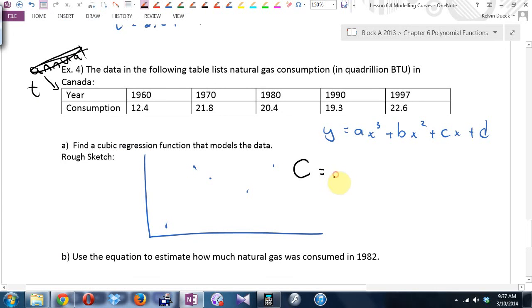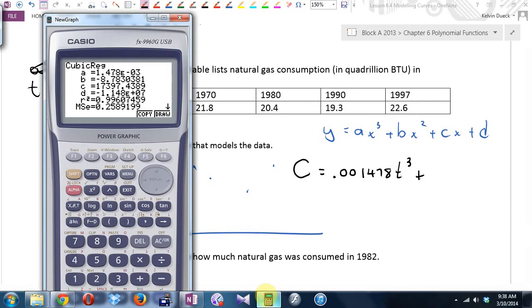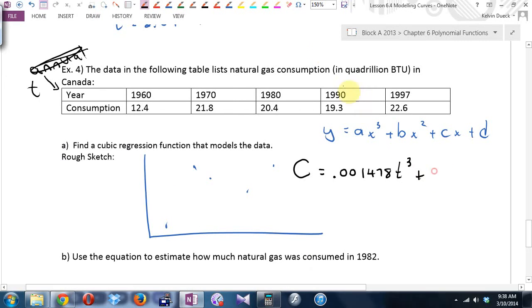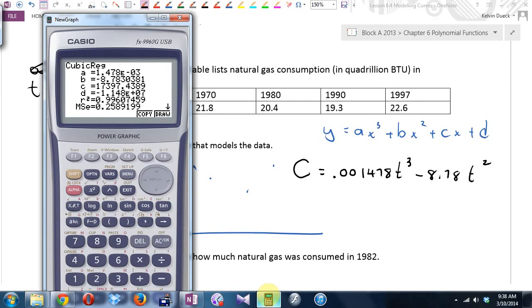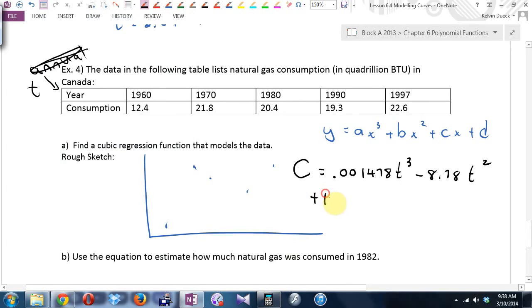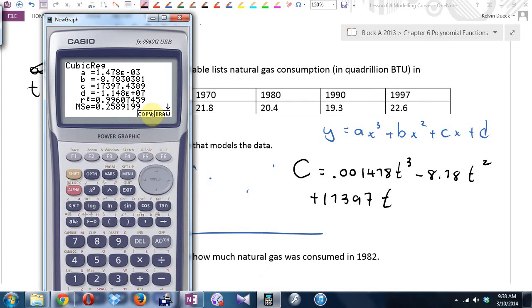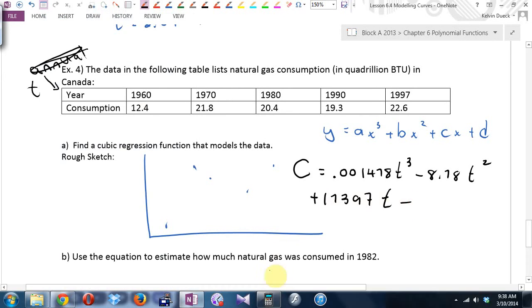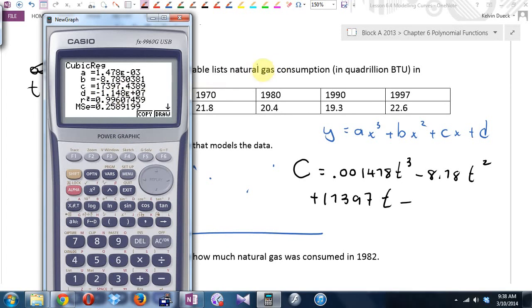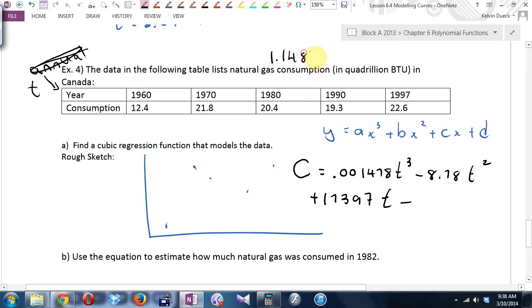That's saying this, 0.001478 T cubed minus 8.78 T squared plus 17,397 T minus 1.148 times 10 to the 7th.